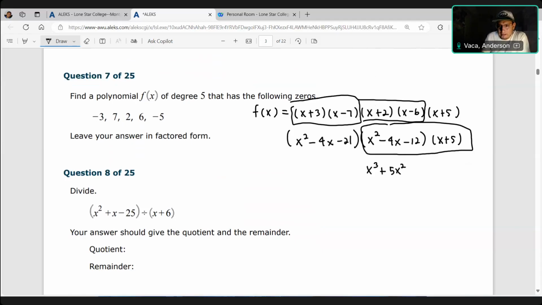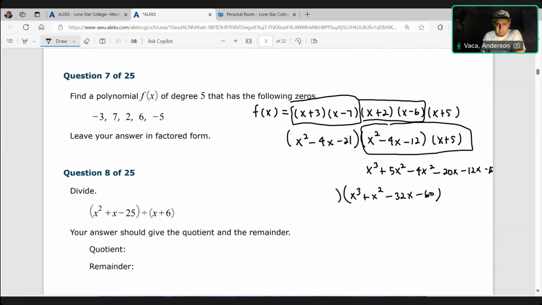And then we have this one, so that will be minus 4x squared minus 20x minus 12x minus 60. Oh, I'm running out of room. Okay. And so I'm going to try to combine this. This will be x cubed plus 1x squared minus 32x minus 60.